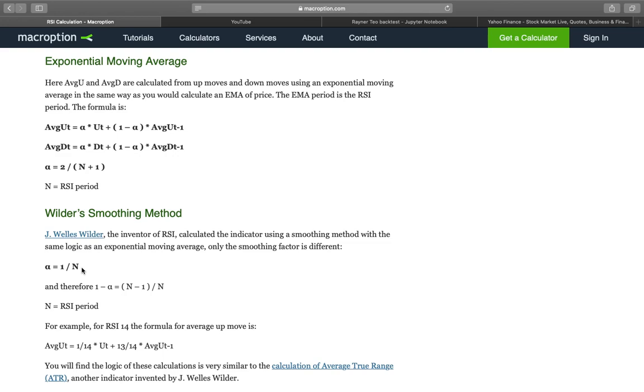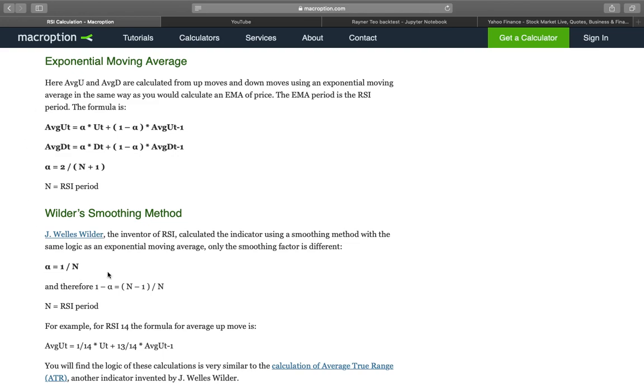How large should my big N be to get an alpha of 1 divided by 10? I can just define this N as 19, because 19 plus 1 is 20, and 2 divided by 20 is 1 divided by 10. So I can just use the Python formula for the exponential moving average and take a span of 19. With that, I can replicate this Wilder's smoothing method.